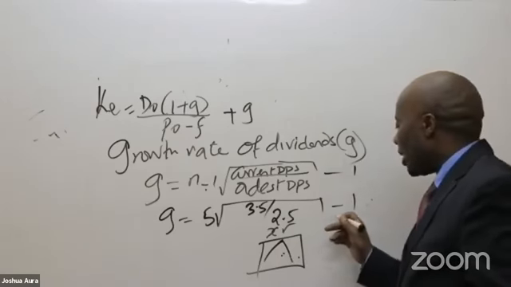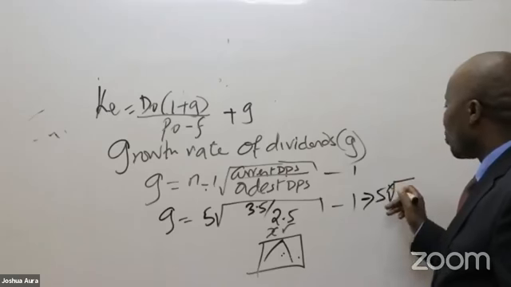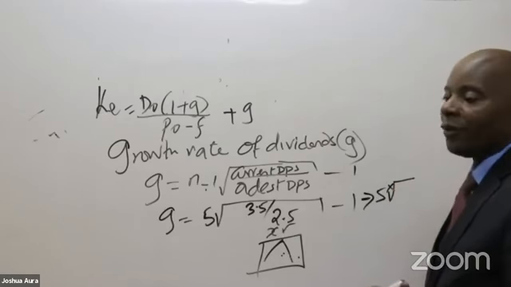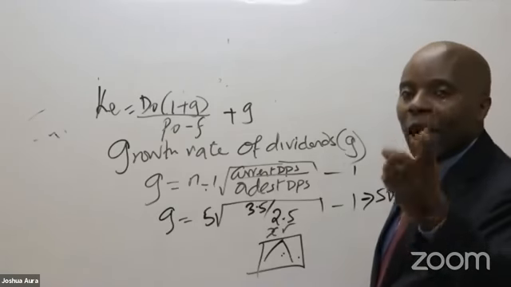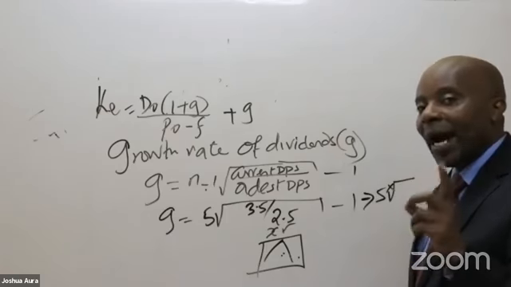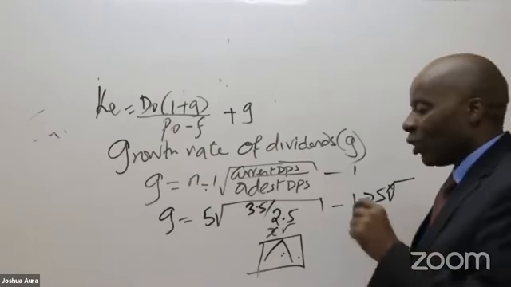You'll be able to see the xth root of whatever number you got there. And then you say equals first. Once you say equals, whatever you get there, you subtract 1. And once you subtract 1, ladies and gentlemen, multiply by 100, and then you'll be able to advise us what percentage we are getting.